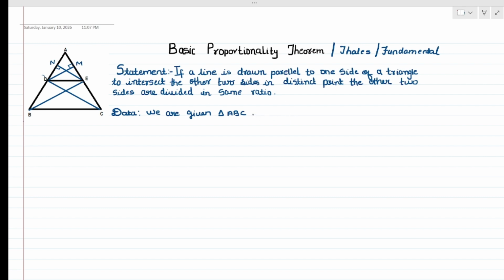That means in which a line is parallel to BC.